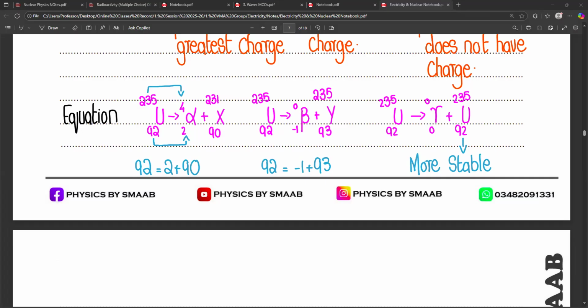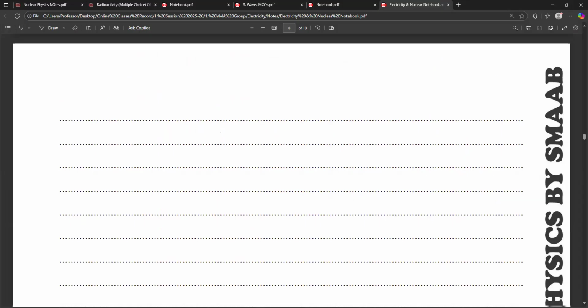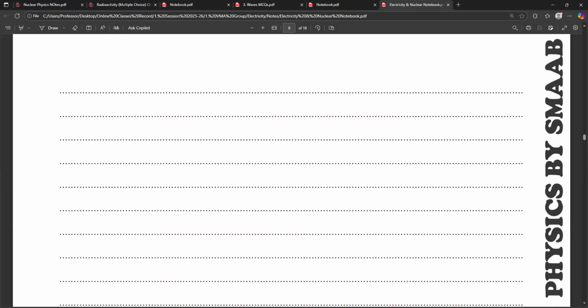So charges are included in alpha, beta, and gamma. So that's why we can also consider electric field and magnetic field because we have charges for alpha and beta.